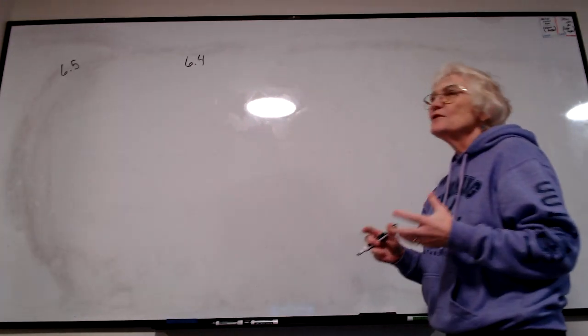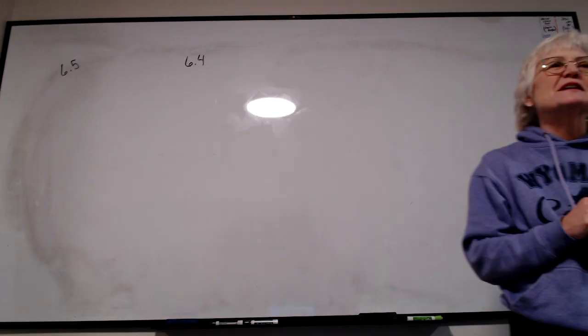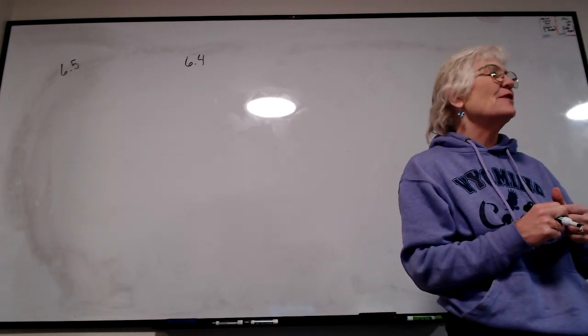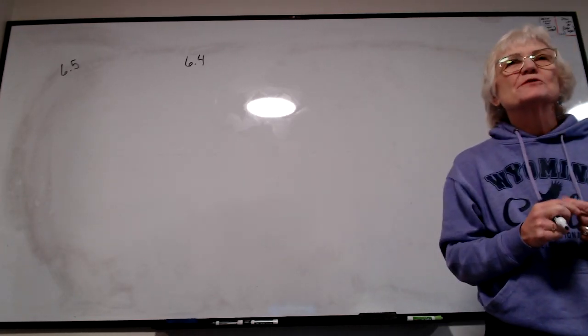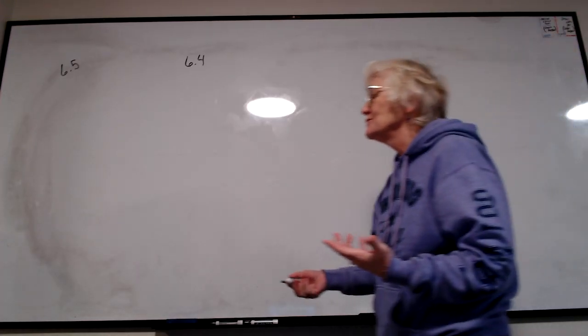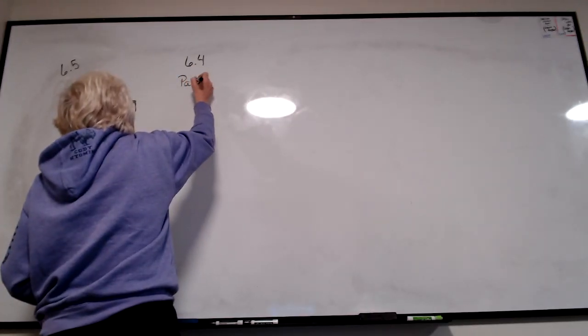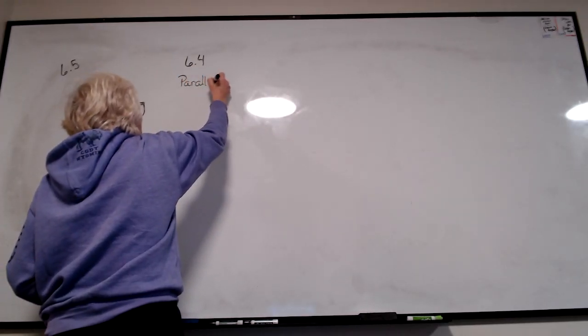Okay, in 6.4, it's really just going back and giving you some things about parallel lines, which we've already talked about. I think they're restating the obvious, but we're going to sum this up. So really, we're just going to give some things that we know.